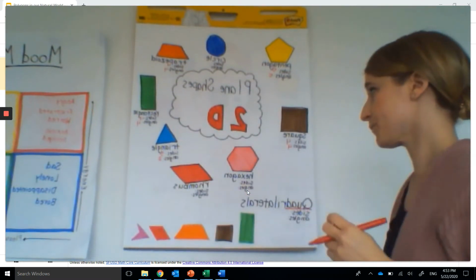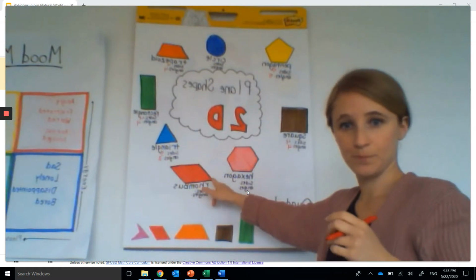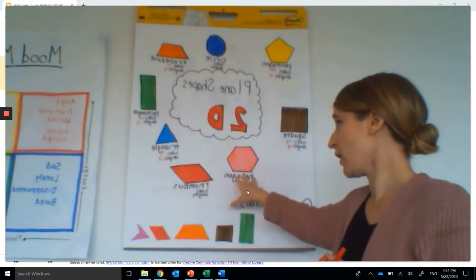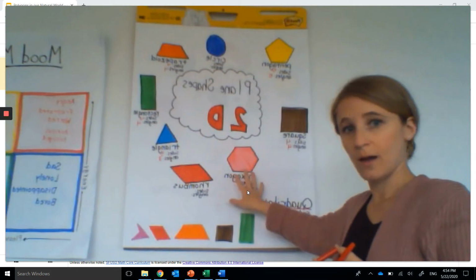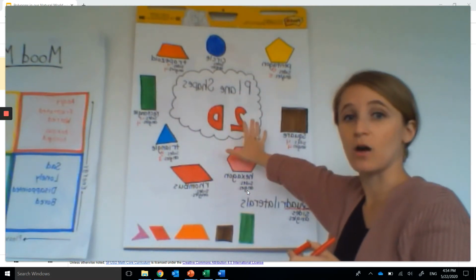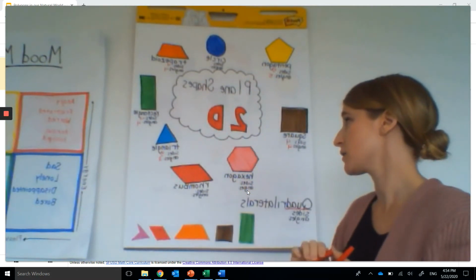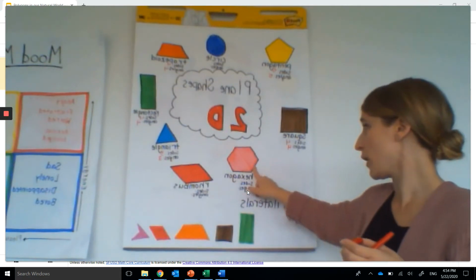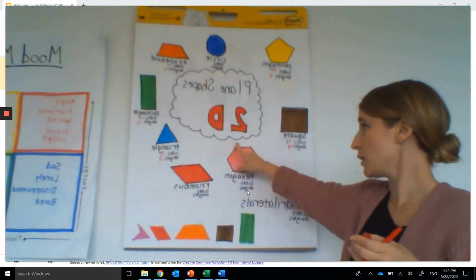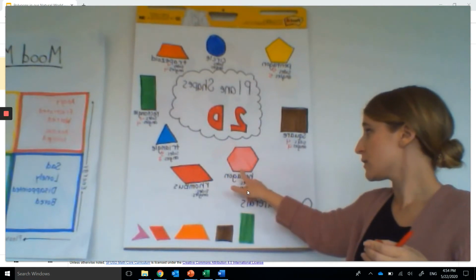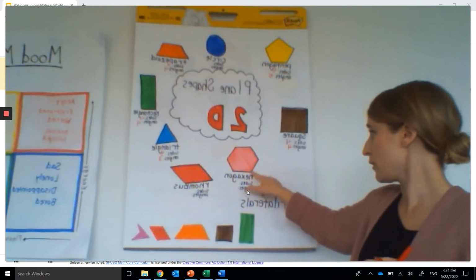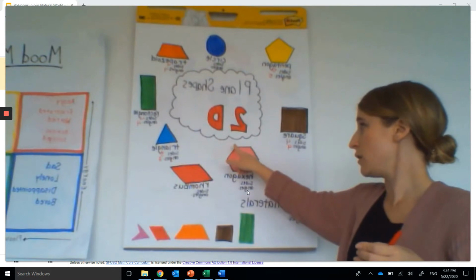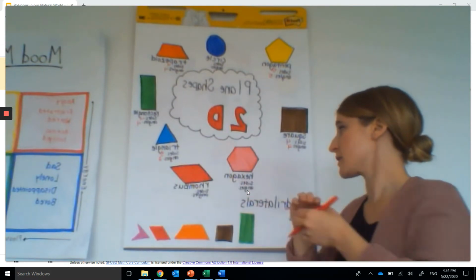Okay, let's come down here to the bottom. Down here we have a hexagon. Hexagon sounds kind of like pentagon. They both have that gon at the end. A hexagon has 1, 2, 3, 4, 5, 6 sides, and 1, 2, 3, 4, 5, 6 angles.